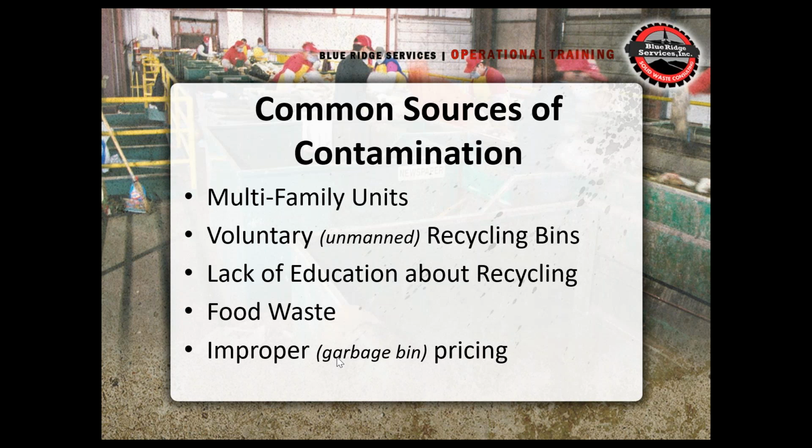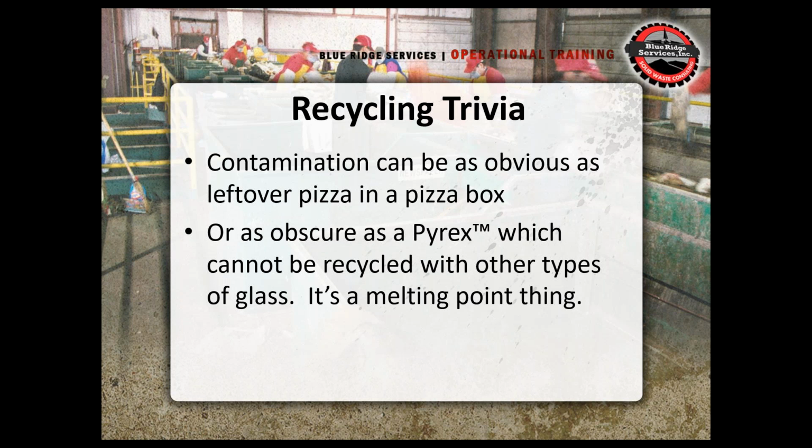Because if you push residents to a very small garbage can, either by only allowing that size or by providing it cheaper than a larger can, folks will bite. They'll say, okay, great, I'm going to save money and go with the small can. But when it fills up, that excess trash is going to go in the recycling can, and you're going to have problems. So you need to weigh how you're pricing and how you're marketing all of this.